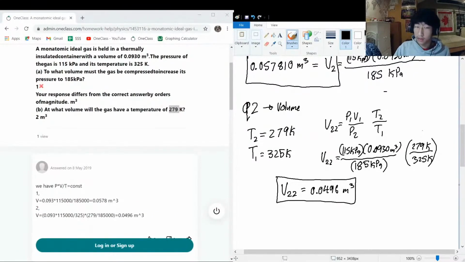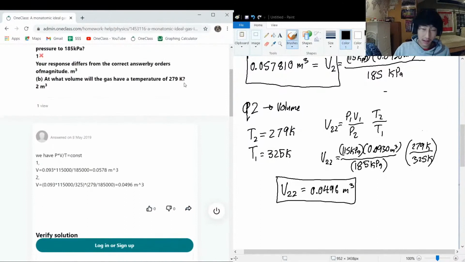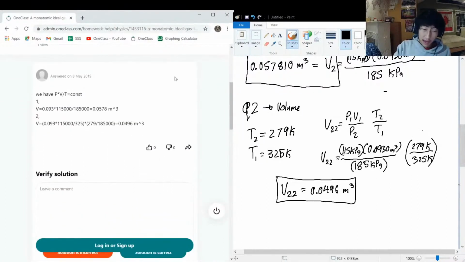So yep, we did need to come to the conclusion that our temperature was changing between the initial and the final. I'm very confused as to why it has 2 cubic meters. Not really sure what that corresponds to, but sometimes you'll get information in a question that is not relevant. Okay, so the above solution is good.